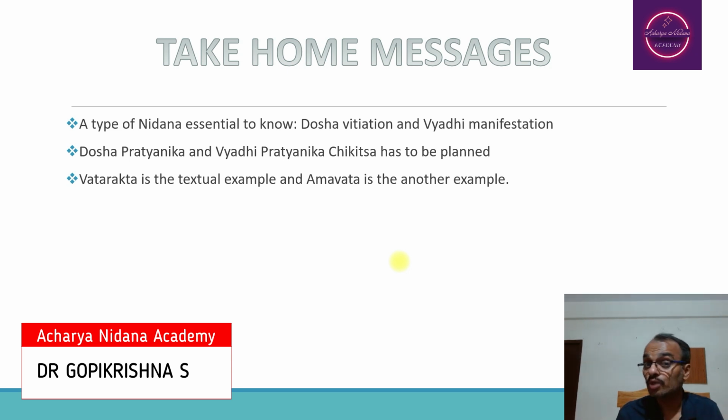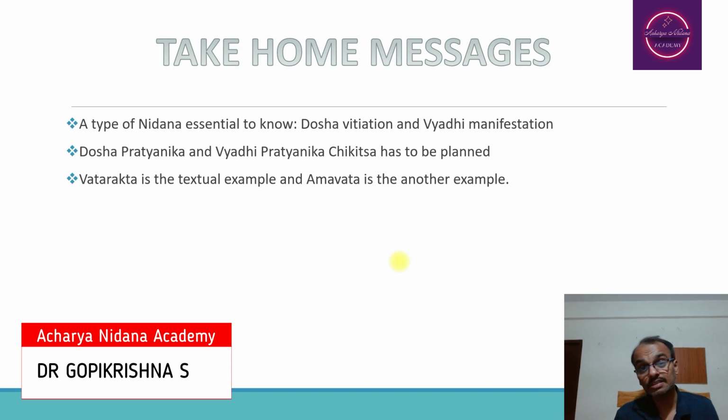Whereas in the earlier two types, in case of Dosha Hetu, there is a possibility of only dosha vitiation, where we can plan Dosha Pratyanika Chikitsa only. In case of Vyadhi Hetu, we can practice Vyadhi Pratyanika Chikitsa. Whereas in case of Ubhaya Hetu, we have to plan both Dosha Pratyanika Chikitsa as well as Vyadhi Pratyanika Chikitsa.